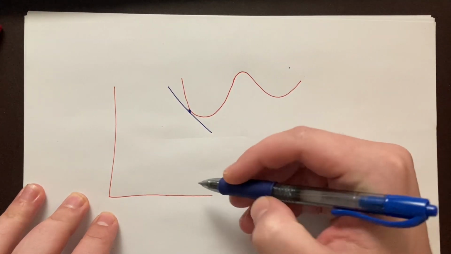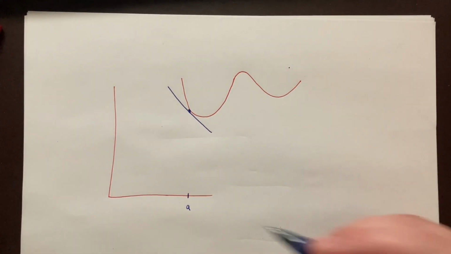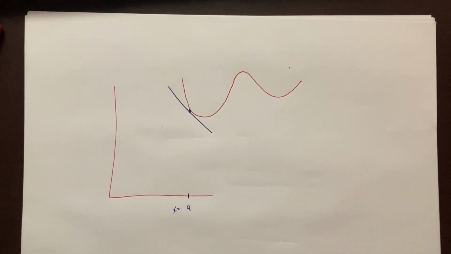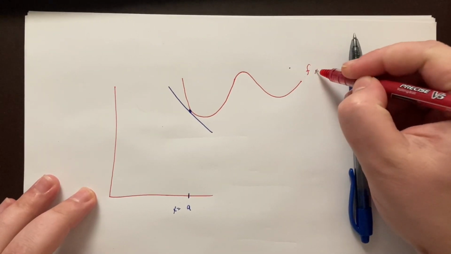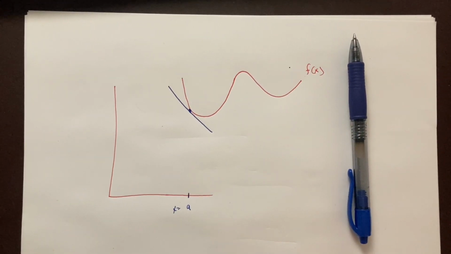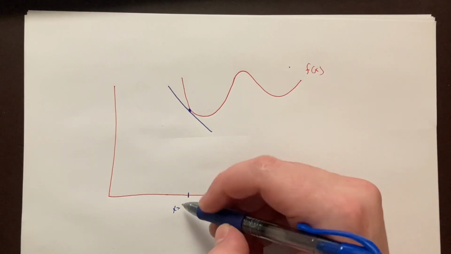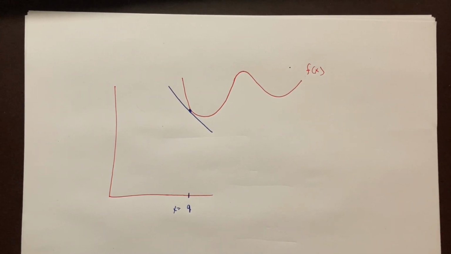So right here at this point, we'll call that A, x equals A. This blue line is tangent to the red curve. We'll call that f of x at x equals A. Just for numbers' sake, let's make that a 9.